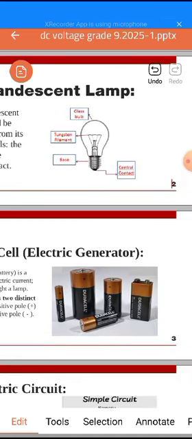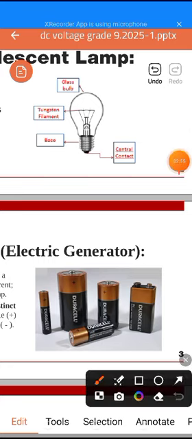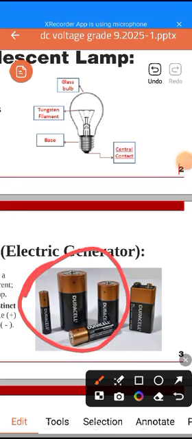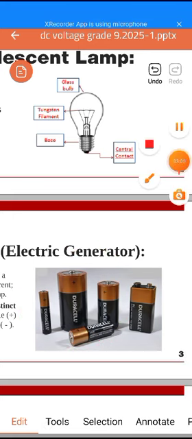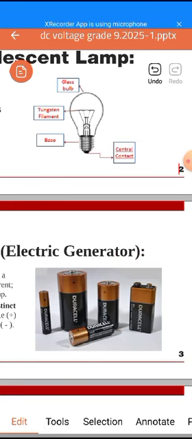As you can see in this picture, we have different types and sizes of dry cells. These four dry cells have a cylindrical shape, and this one has a rectangular shape. We also have other shapes, like the car battery and the round battery. But each dry cell has two distinct poles.